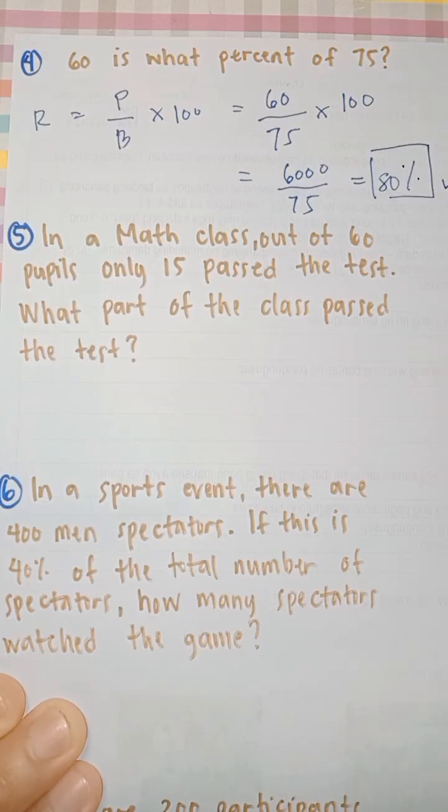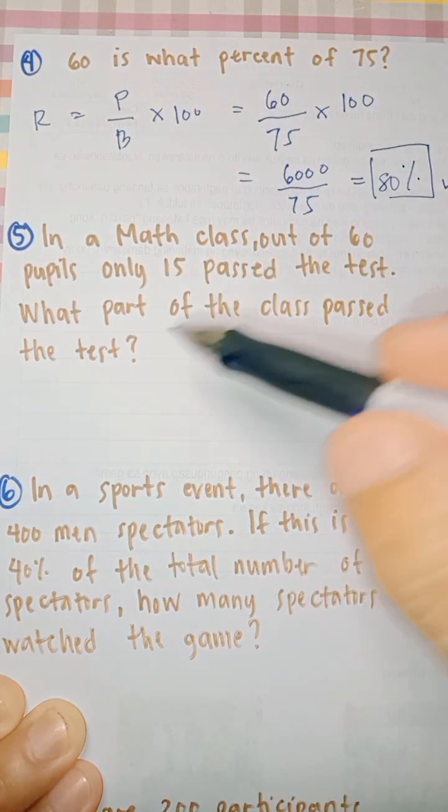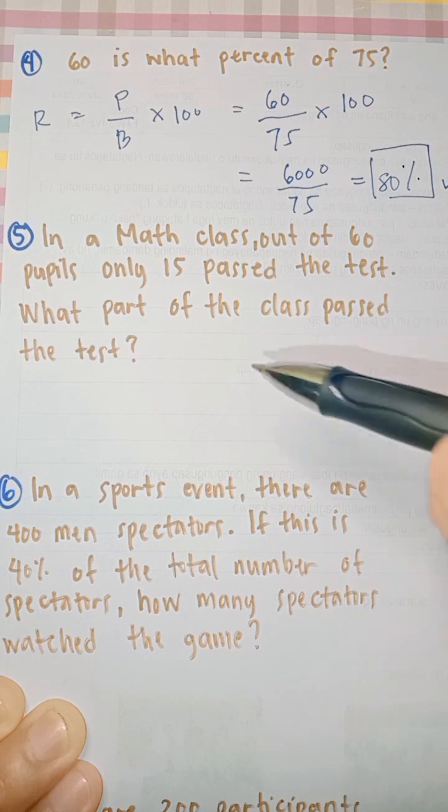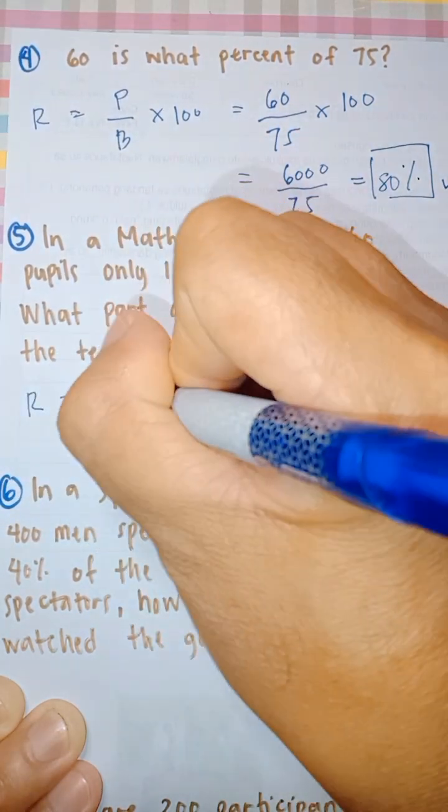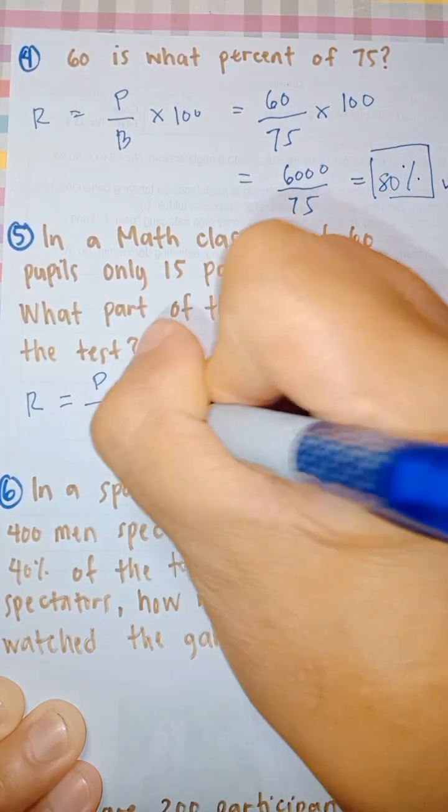Okay, let's proceed to question number 5. In a math class, out of 60 pupils, only 15 passed the test. What part of the class passed the test? Only 15 passed the test, and the total pupils in the math class is 60. So, this is a rate problem. Remember, rate is percentage over base times 100.